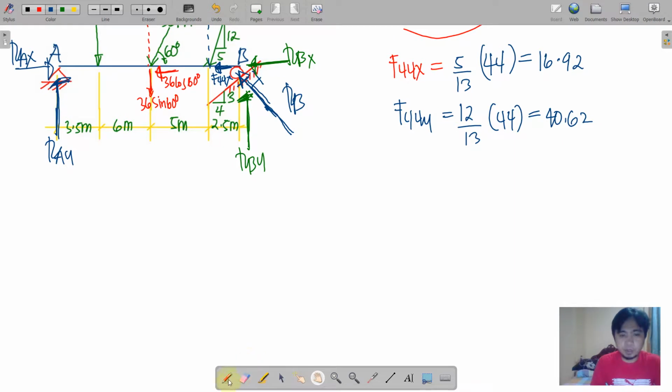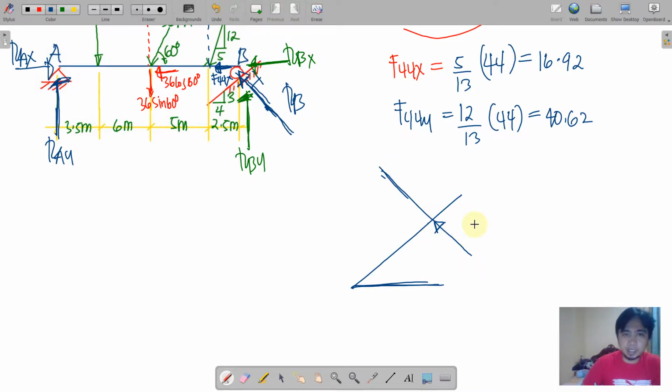So if we're going to illustrate that one, this is the diagonal where the roller is placed, and then we're going to have a perpendicular component to that.